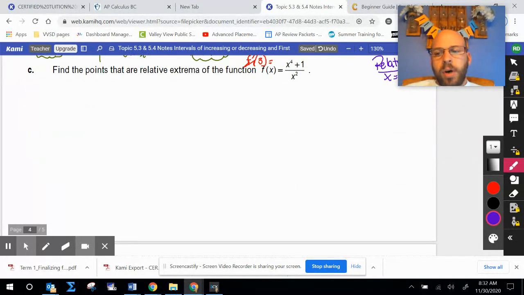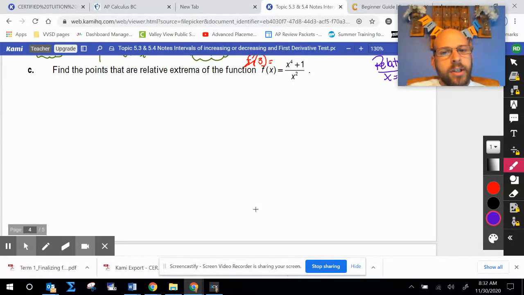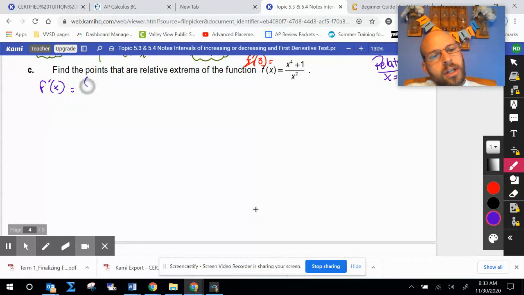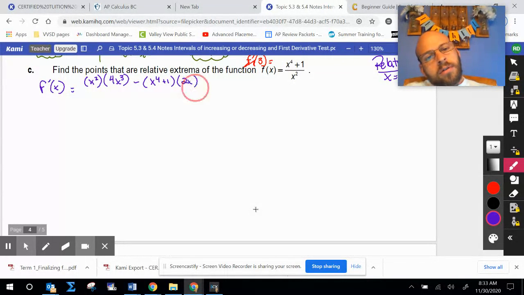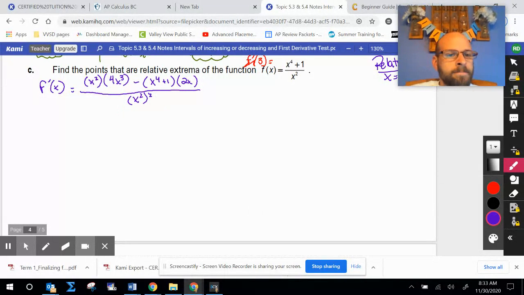All right, last one. So I want to take the derivative, and we can do a quotient rule here. So I'm going to say low d high minus high d low all over the bottom squared.